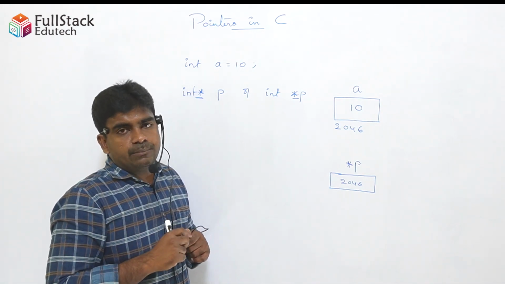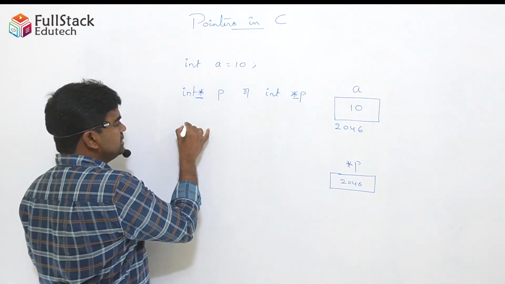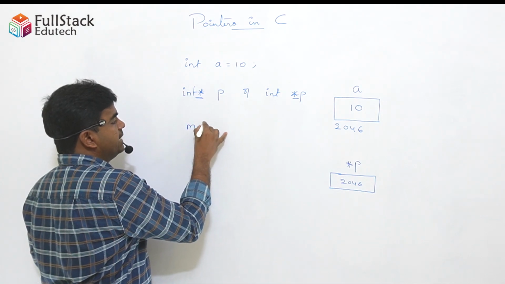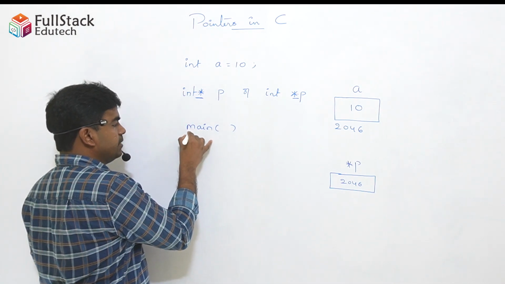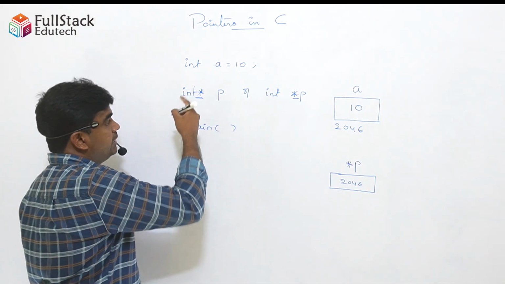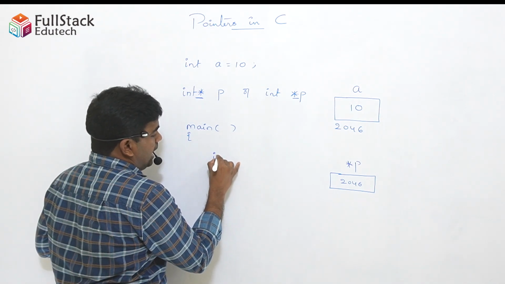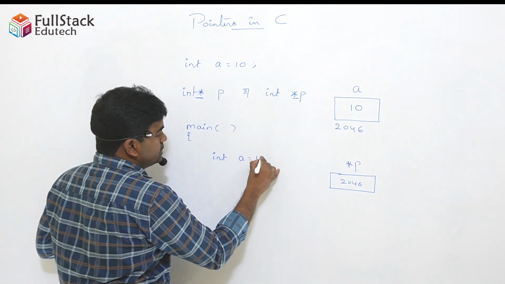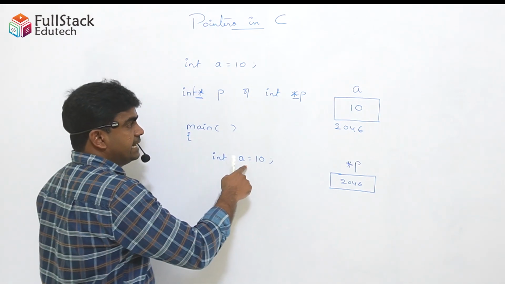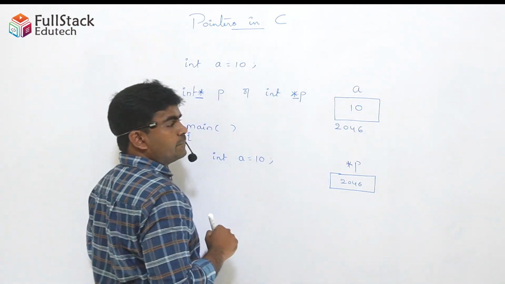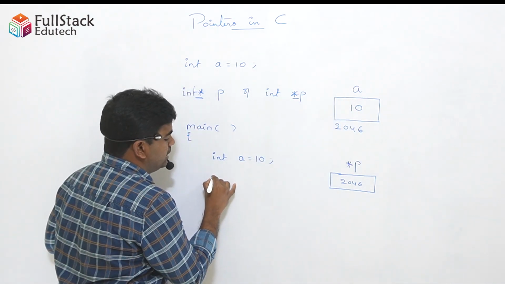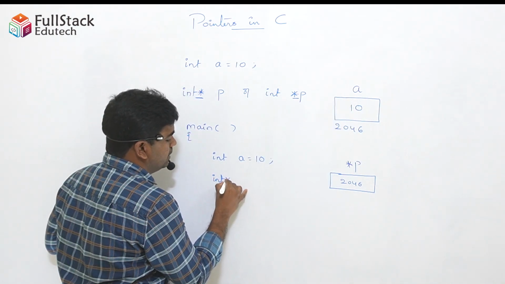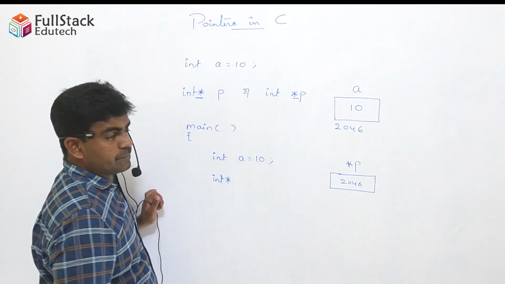So, how can we write the code and how can we access? One simple program I'm explaining. Everything we are writing inside the main function. Here, I'm taking one variable a equals to 10. Yes, 10 will get memory. Next, I'm declaring one pointer variable, an integer pointer.